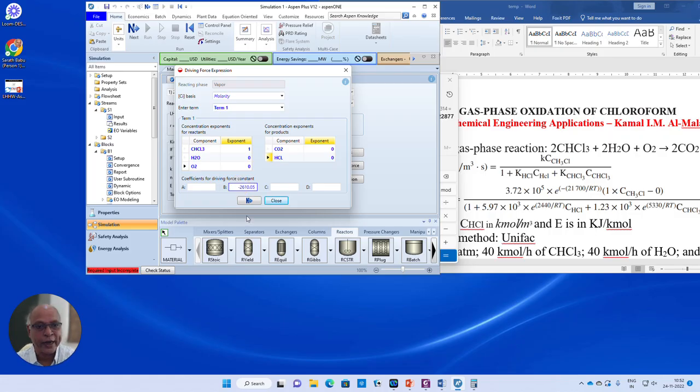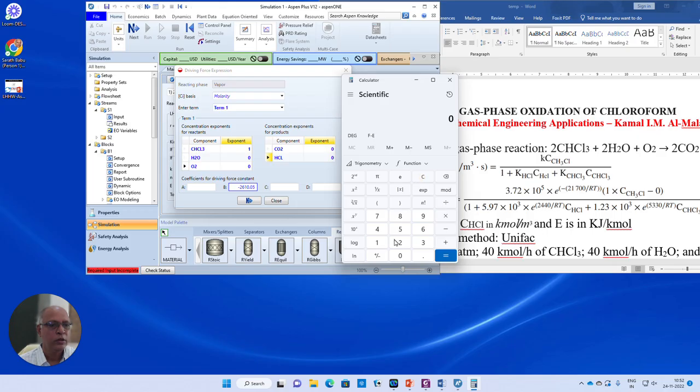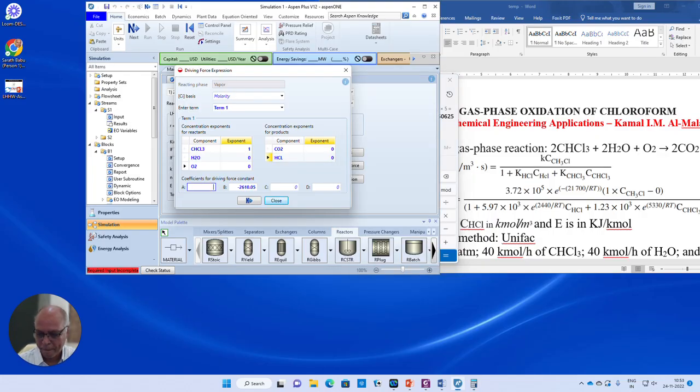The second term is taken care of, and the first term is ln 3.72 into 10 power 5. So let us see this value. 3.72, take logarithm, multiplied by 5. So this will be the value of A. Right?